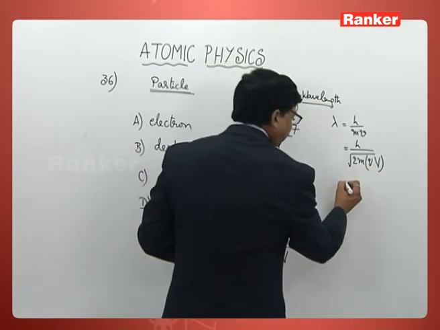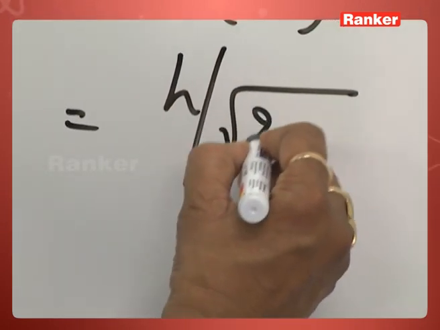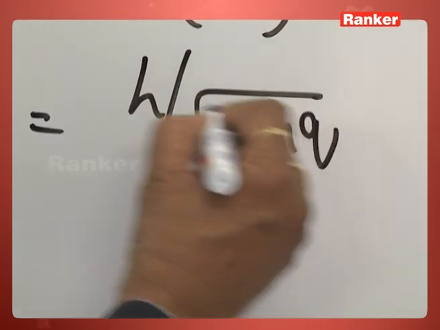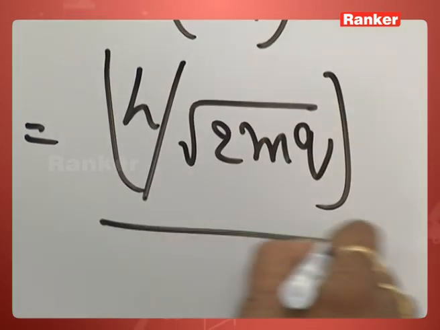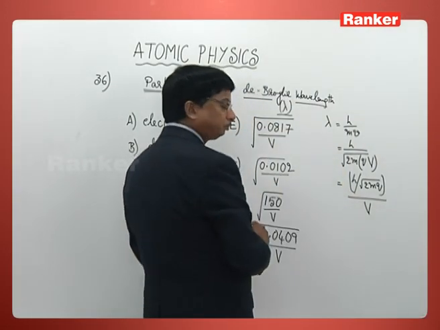So what is the other version of this one? You look at h by root 2mq, whole divided by root V. That is actually the value.